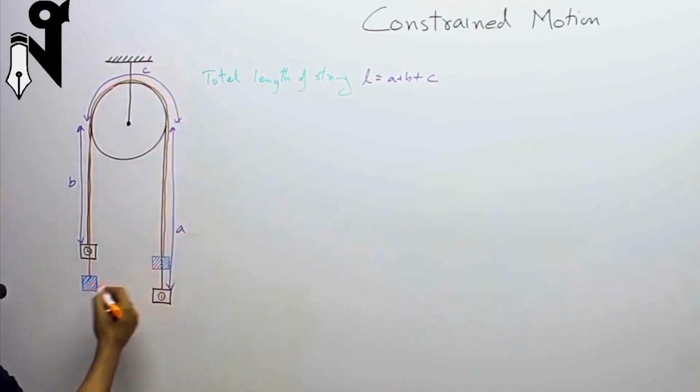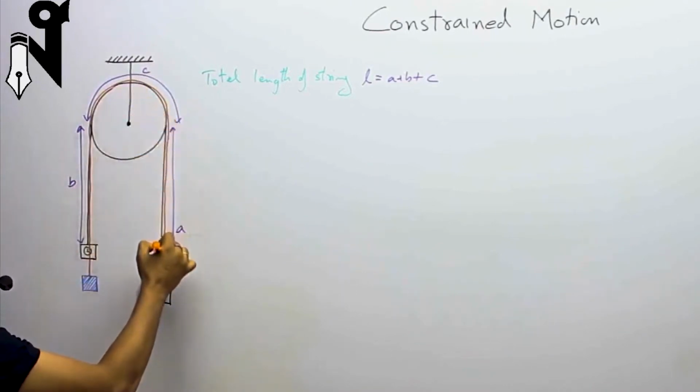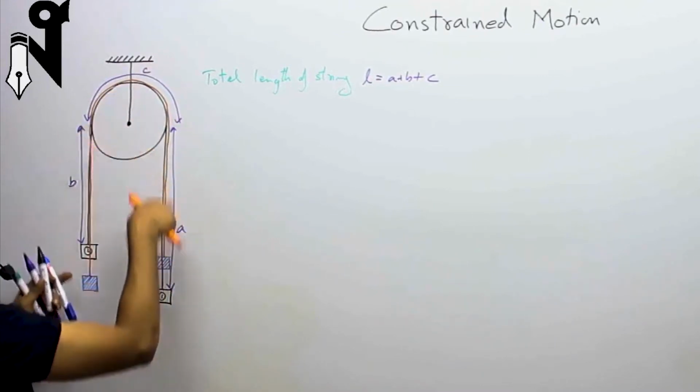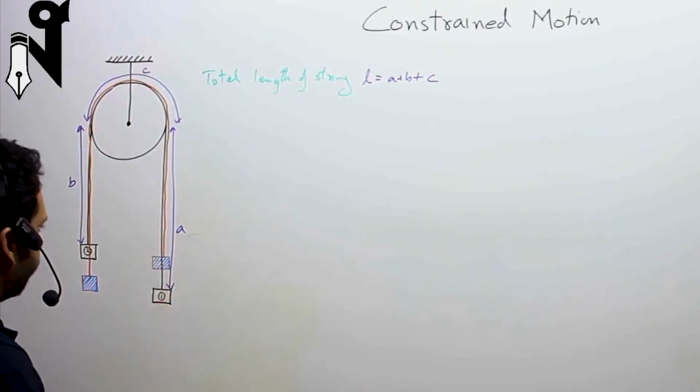So that's your new position of the blocks, and this orange string is now representing how they are held together. What was your black string earlier is now your orange string. So we are just going to measure the length of the orange string.